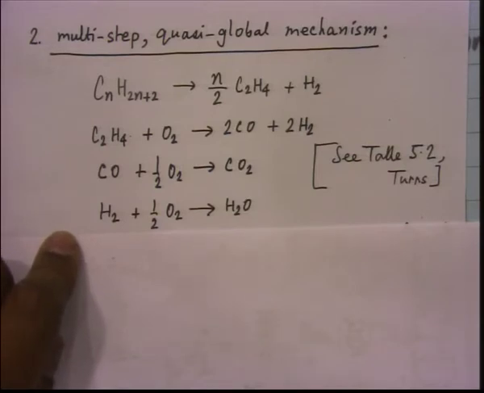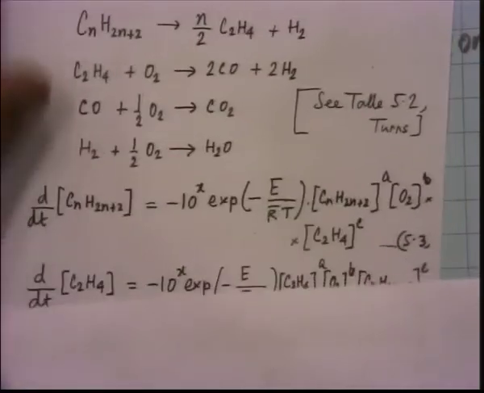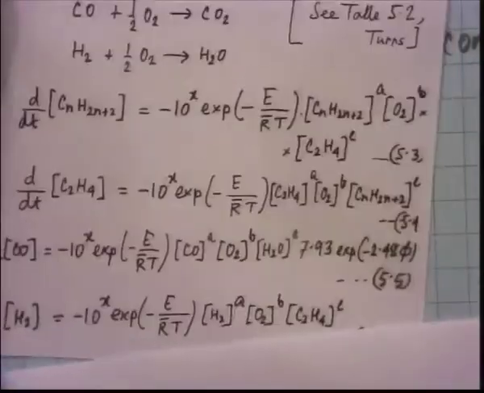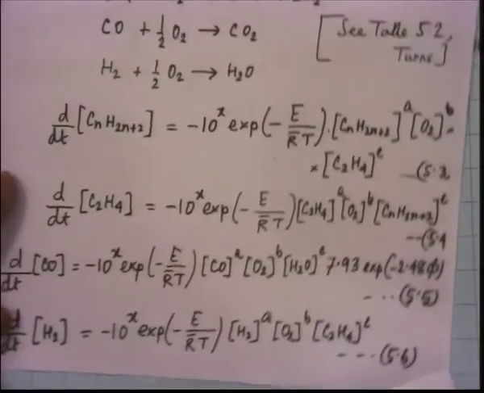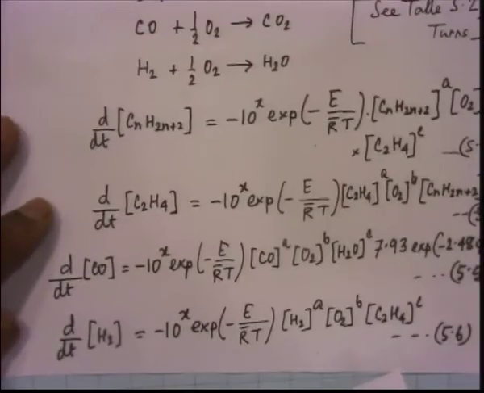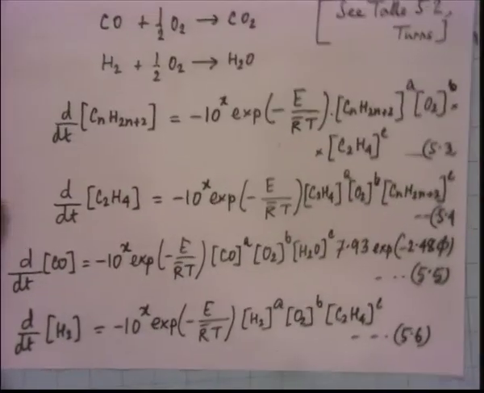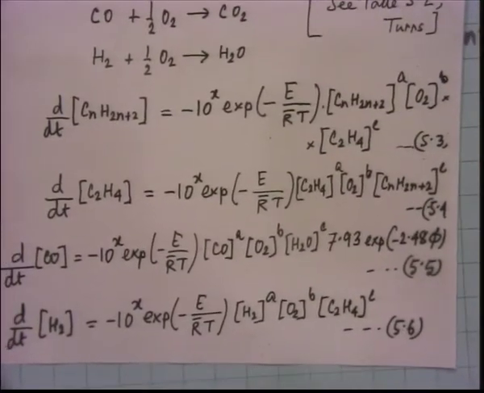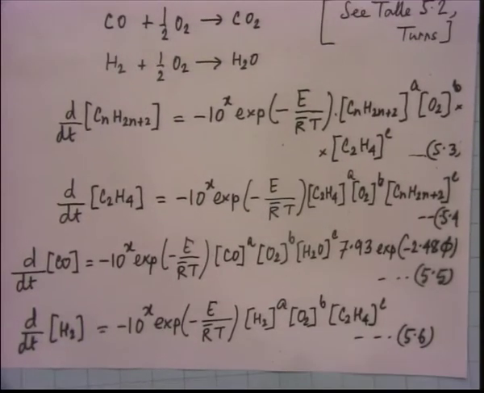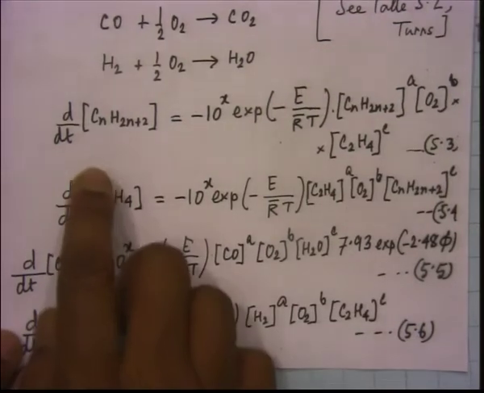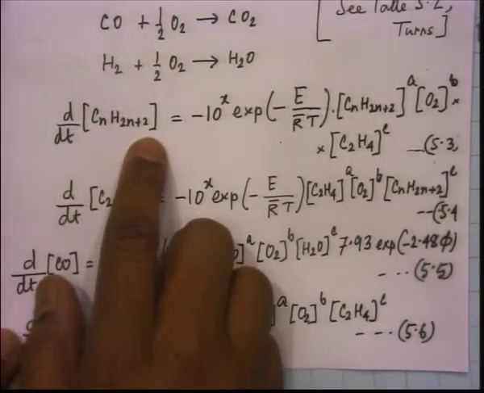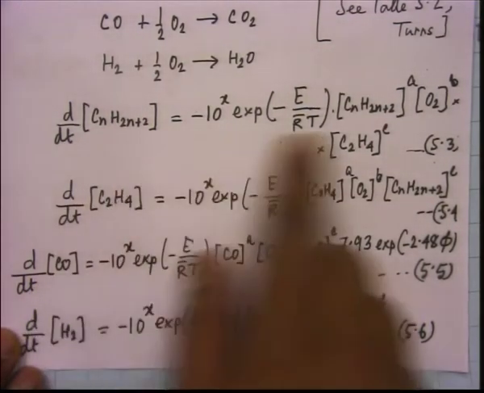Okay. So, you do this, and then you write certain rates. Again, please do not write all this, it is available in the book. I am showing you these just to tell you that this sort of reactions are used. So, d/dt of the concentration of CnH2n+2, that has an expression.